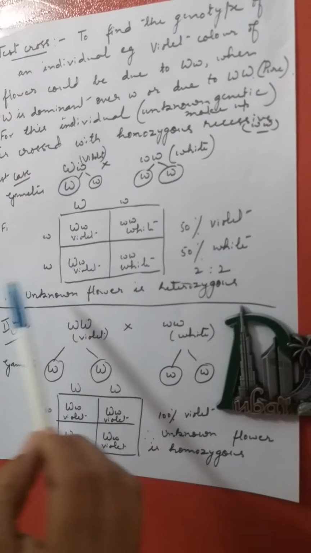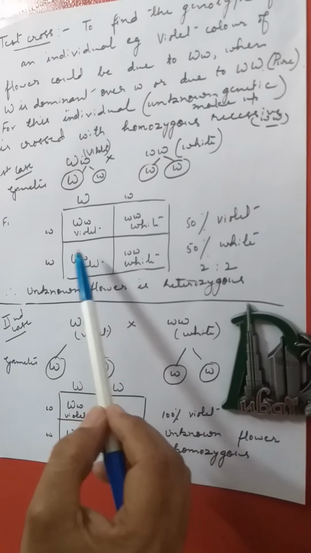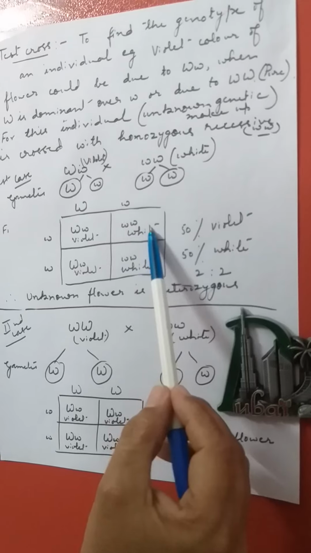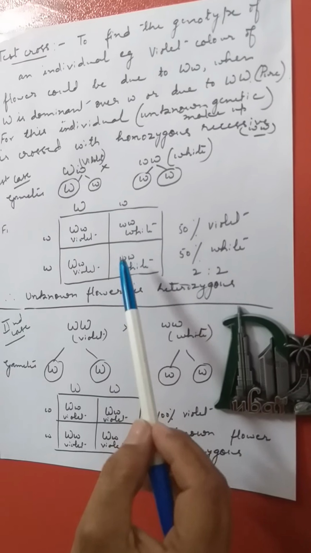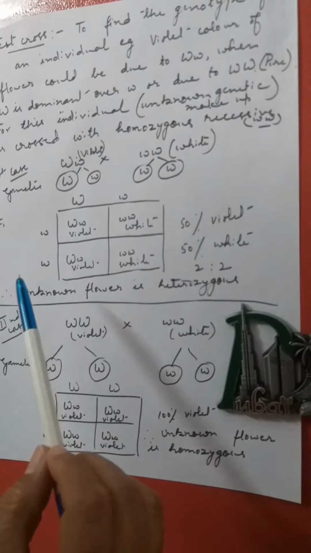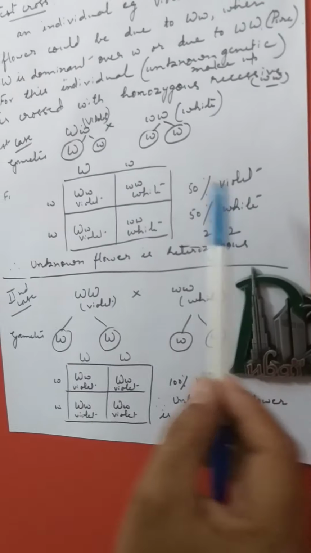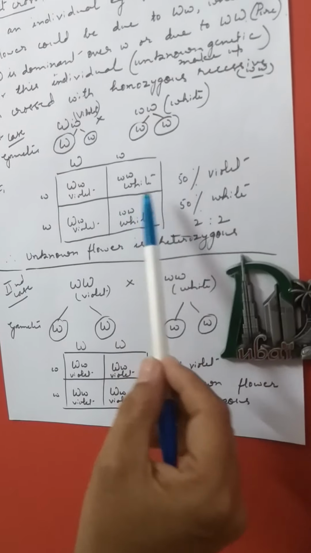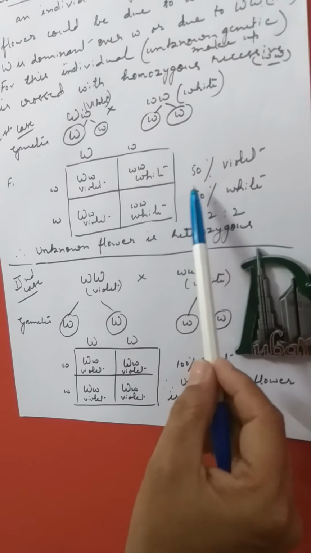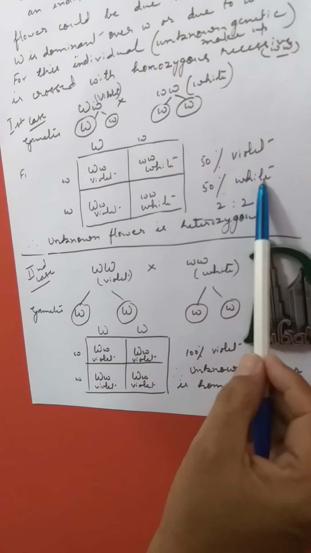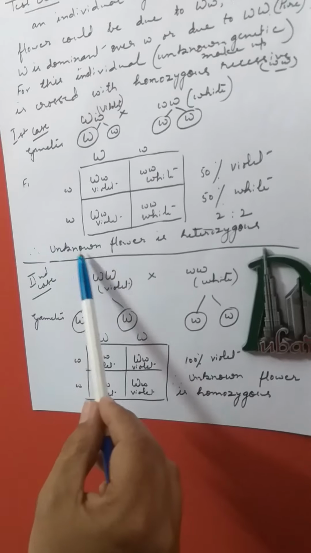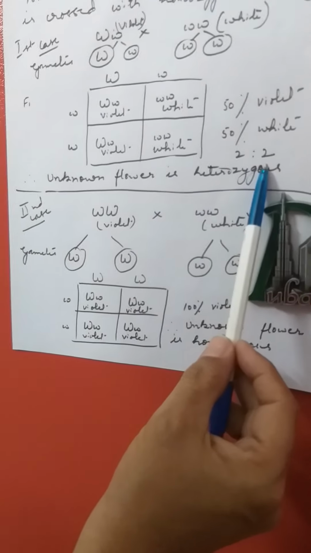It is violet. Capital W is dominant over this. It is white. It is white. No capital W in these two cases. The result is 50% violet, 50% white. Out of the 4, 50% are showing violet, 50% are showing white, 2:2.